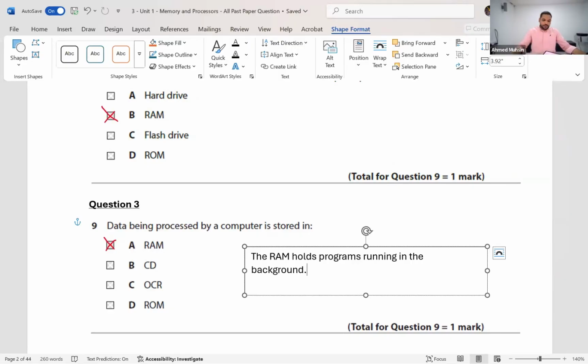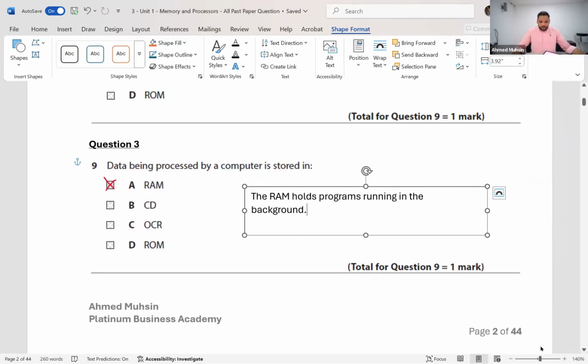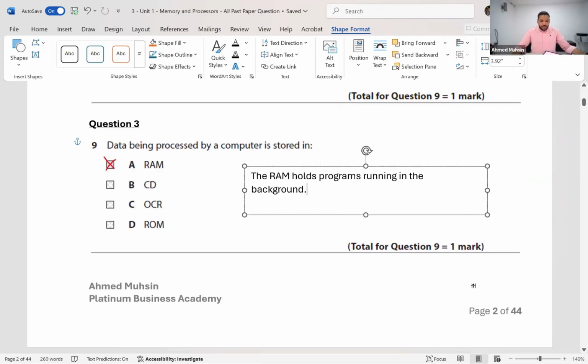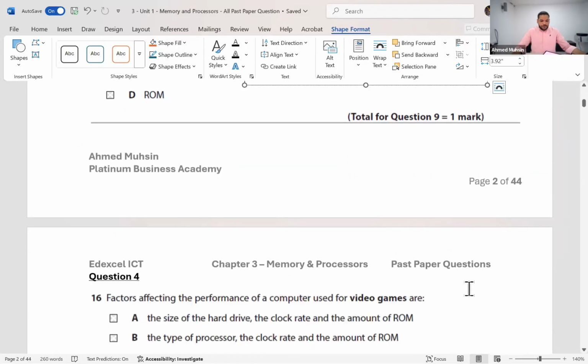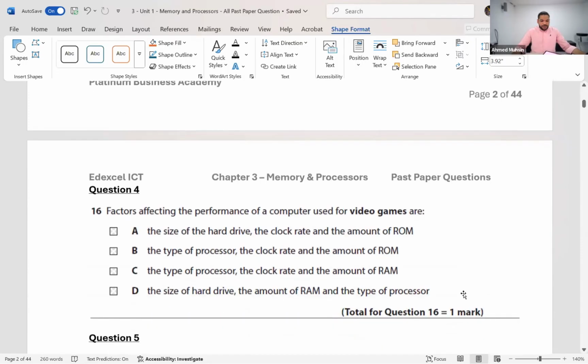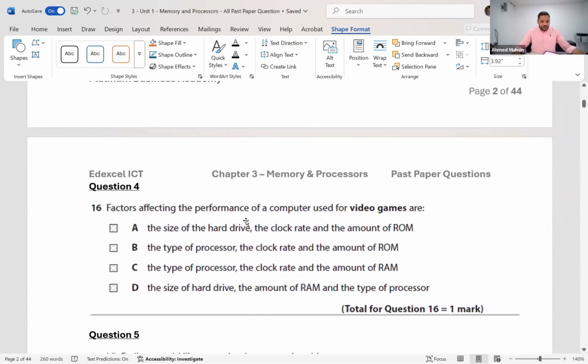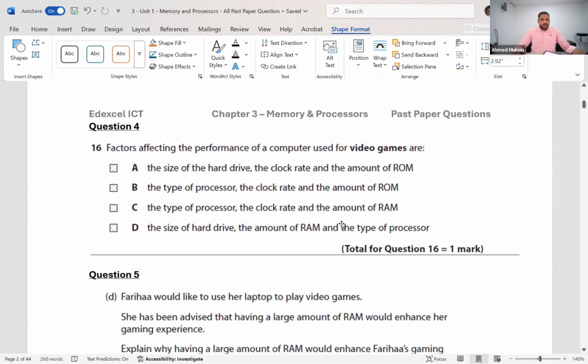C. One second. Question number 4. Everybody go one by one. Factors affecting the performance of a computer used for video games. Video games are basically any computer game.